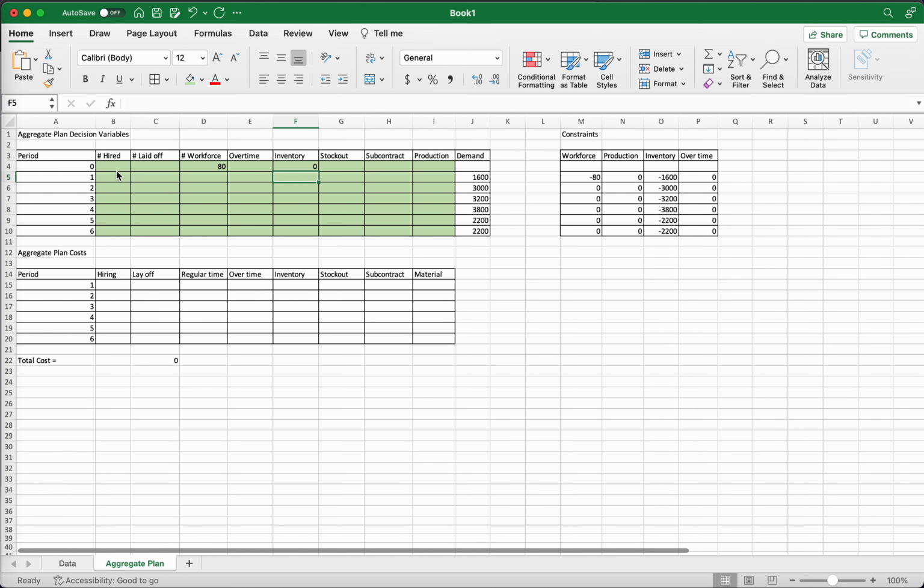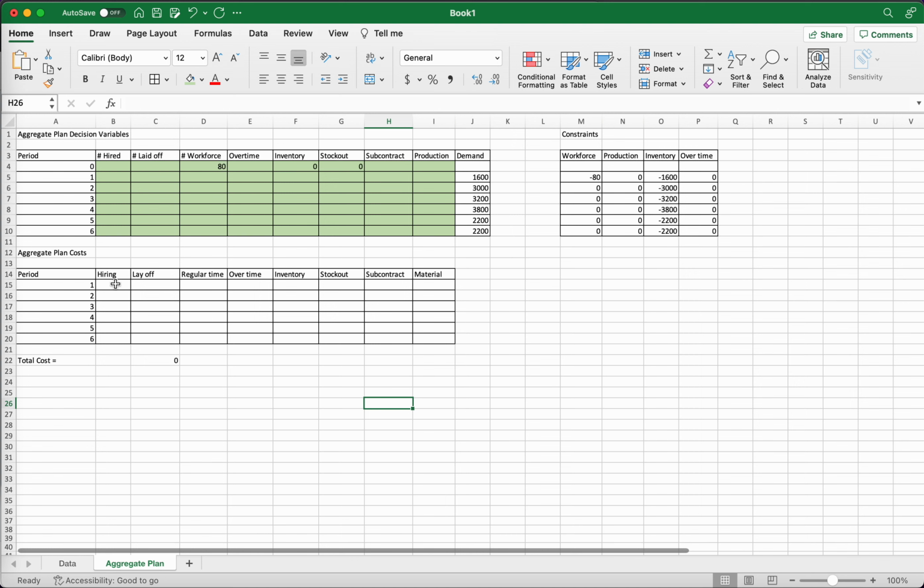So I'm going to start with no inventory and no subcontractor, no production or anything from that. So these are the two things that we need from previous periods. And stockouts are also 0. So no inventory, no stockout from previous period. We have a workforce of 80 people to start with, right?